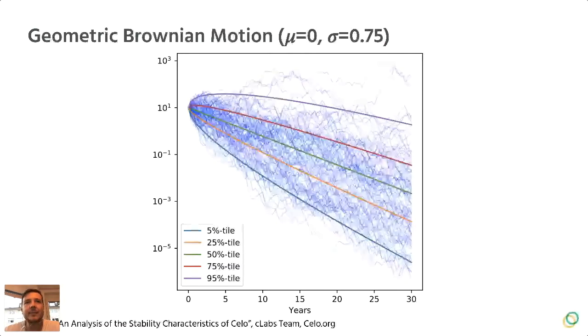Why is that happening with a geometric Brownian motion? The problem, why we see that most of the paths are decaying to a negative range, is that you can see some very, very positive paths on top of this chart.